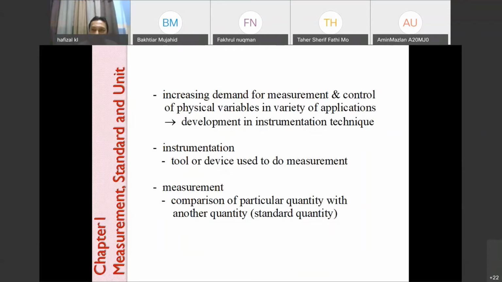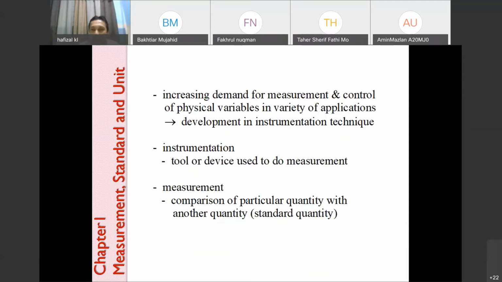Let's say you have a length measurement, so you need some information related to the measurement: what type of measurement, using what unit of measurement, and what tools you need to observe or measure. So a variety of applications take place here, and the demand for measurement increases the development of instruments.